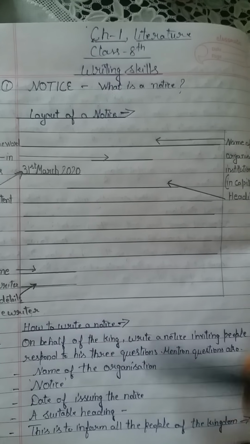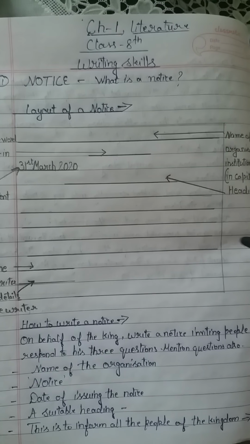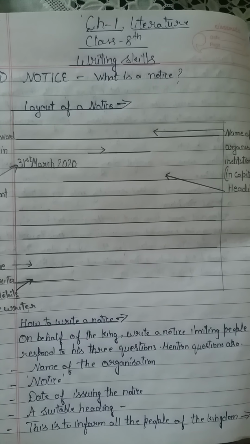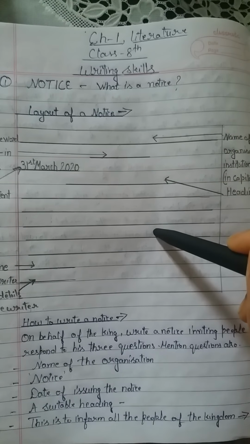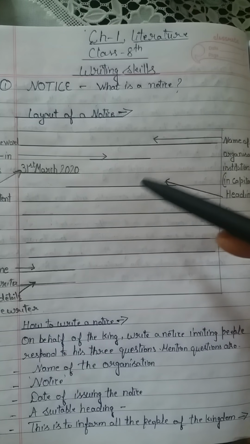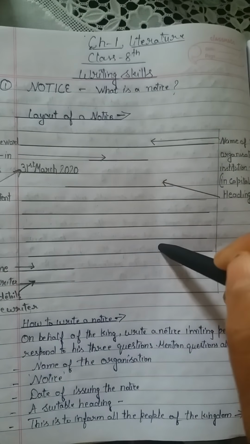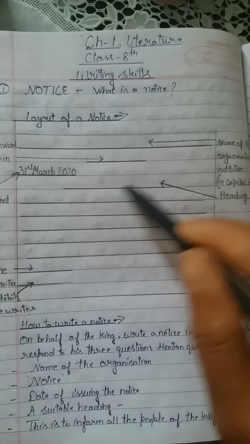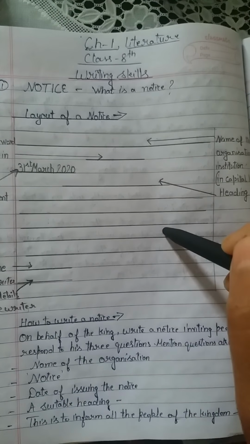After we write about the proclamation, we can write how they can assemble, on what date they are supposed to assemble, at what time, right?